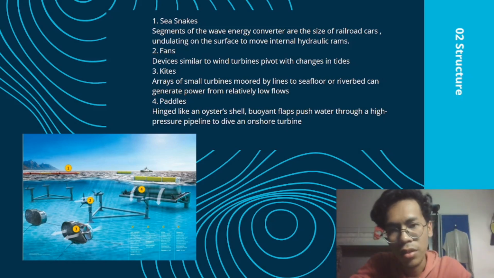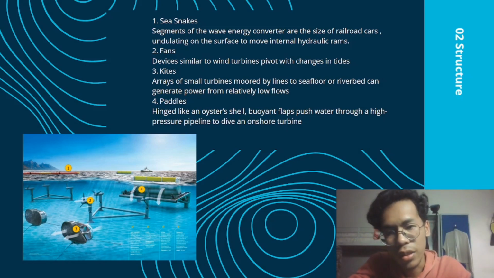Second is fan. It's a device similar to a turbine, pivoting with changes in tides. Number three is kite, arrays of small turbines moored by lines to the seafloor or riverbed, which can generate power from relatively low flows.